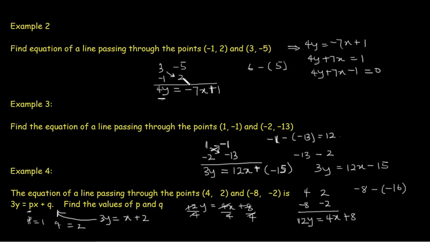Subtract the y coordinates, that will be the coefficient of x. To find the c, cross multiply and subtract. So you multiply the first diagonal, then subtract the multiplication of the second diagonal. That should give you the equation of the line. Now you can express the equation in any of these forms.